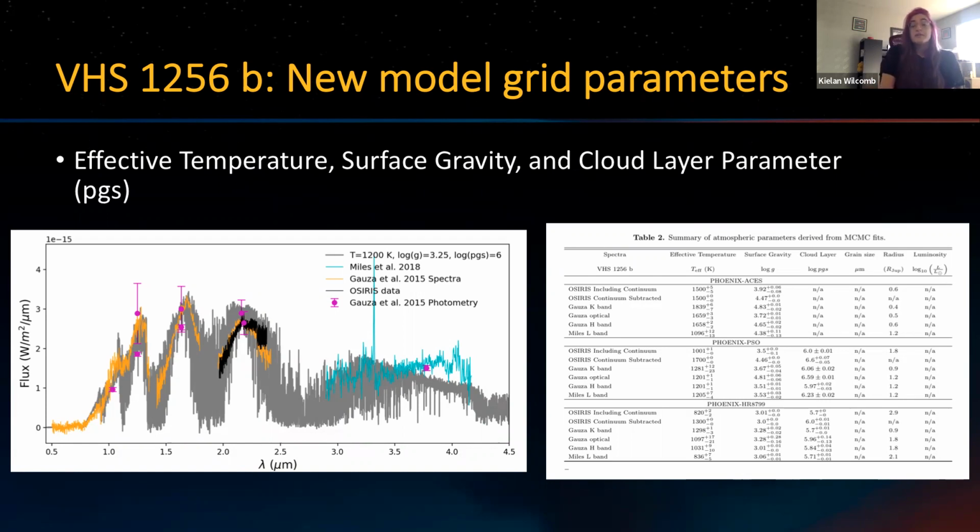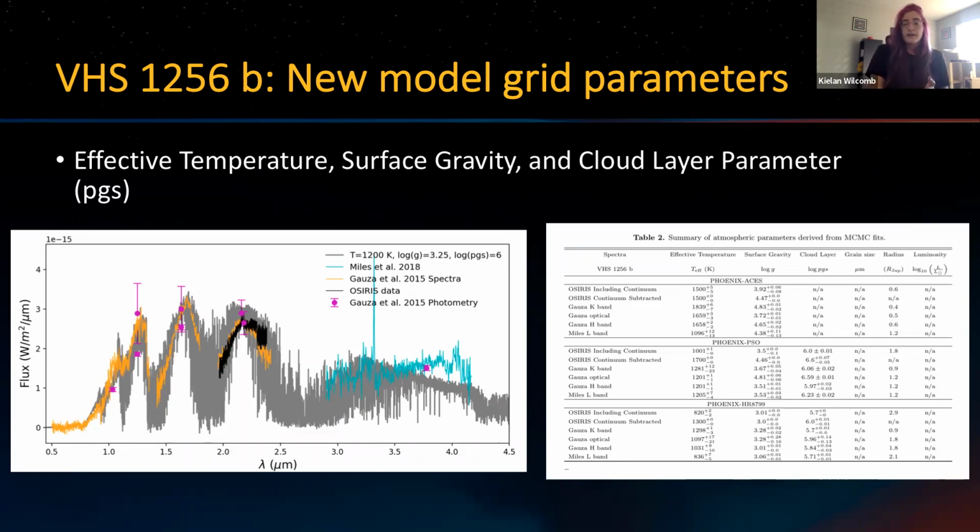Shown in the table is a summary of fits using 3 different custom Phoenix atmosphere grids: ACES, where the clouds are treated more like a haze; PSO, this is the custom grid that I'm referring to when I'm talking about fitting VHS, where the models are treated with that PGS parameter; and a grid used for the HR 8799 planets in Rufio et al. 2021.